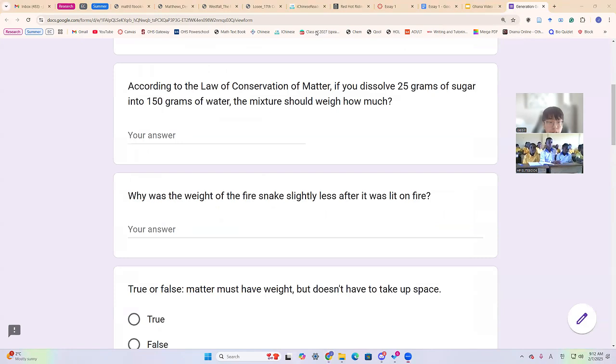So let's see this one. This first question: according to the law of conservation of matter, if you dissolve 25 grams of sugar into 150 grams of water, the mixture should weigh how much?